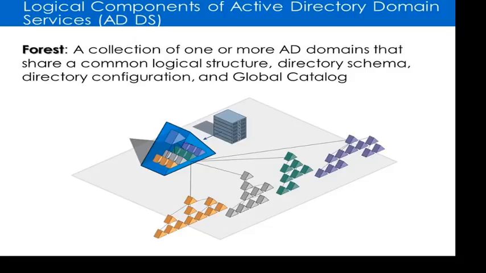Very often, forests are considered to be security boundaries, okay, because all of the users and groups and all the various objects within a single forest and all of the permissions that go with those objects stay within the forest unless you explicitly configure one forest to actually cooperate and communicate with another forest. That's taking us kind of out of the scope of where we're at right here. Okay, so a forest is that one overall instance of Active Directory Domain Services.